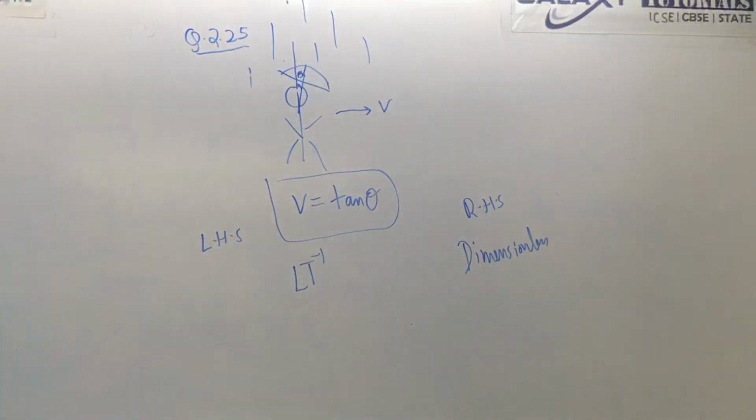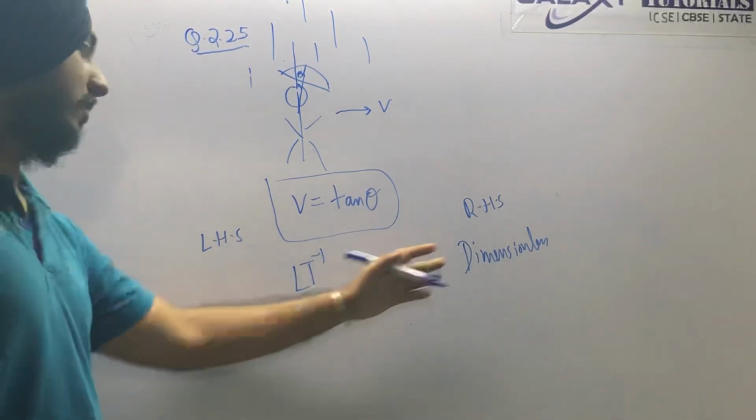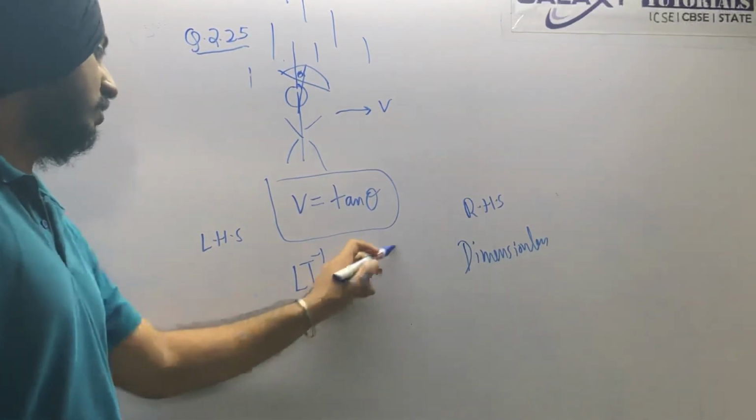Is this relationship dimensionally correct? No, it is not, because the left side is LT^-1 and the right side is dimensionless. So this is not correct.